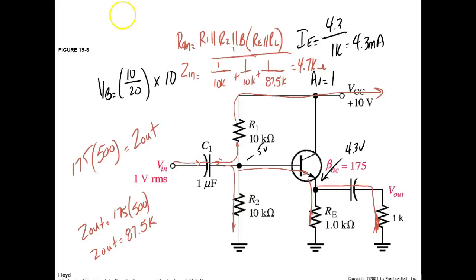So my current gain, which is going to be my power gain, would be equal to Zn, 4.7K, divided by Z out, which is 500 ohms. So what's our current gain?